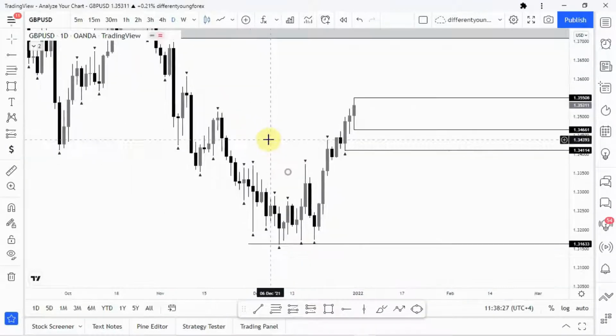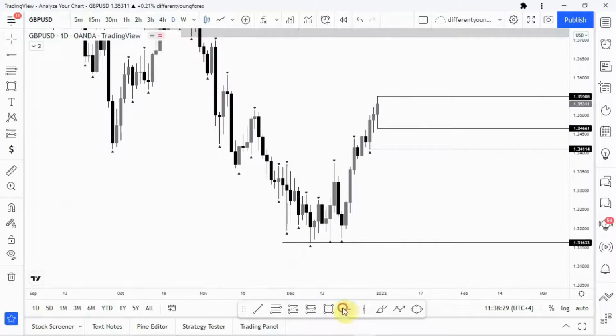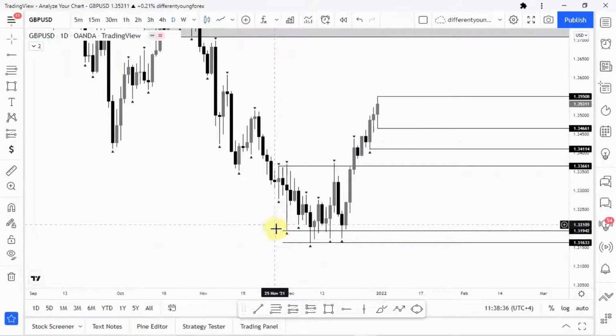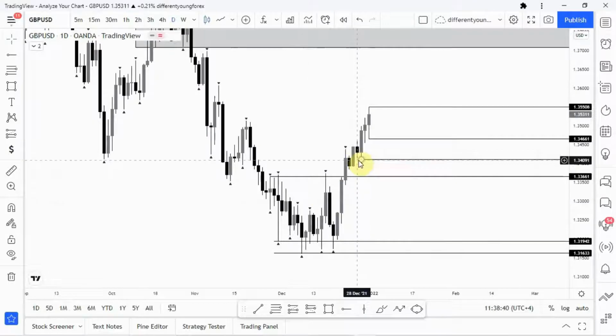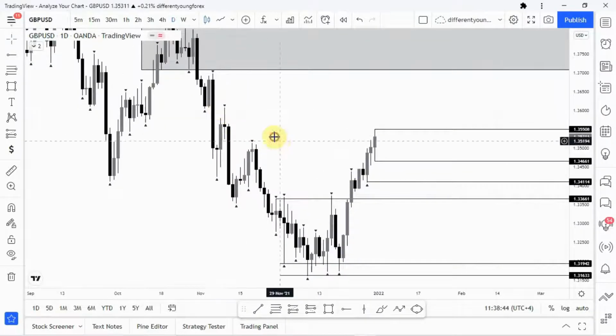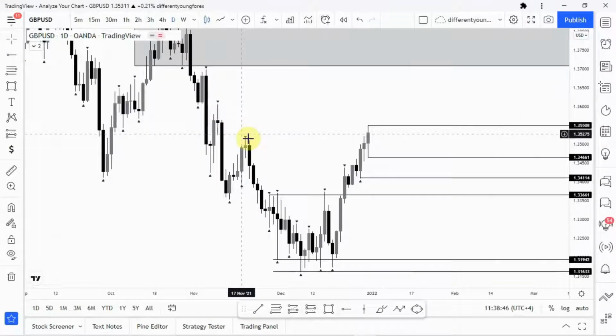So one thing you need to know: when there was a low on the daily time frame and the high was right here, when this is broken and the structure has shifted from bearish to bullish, the next daily highs are not going to change anything.